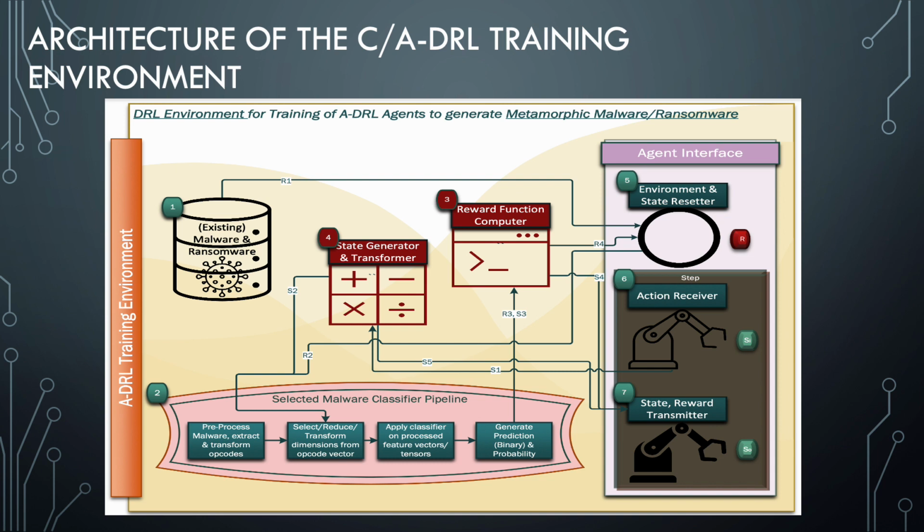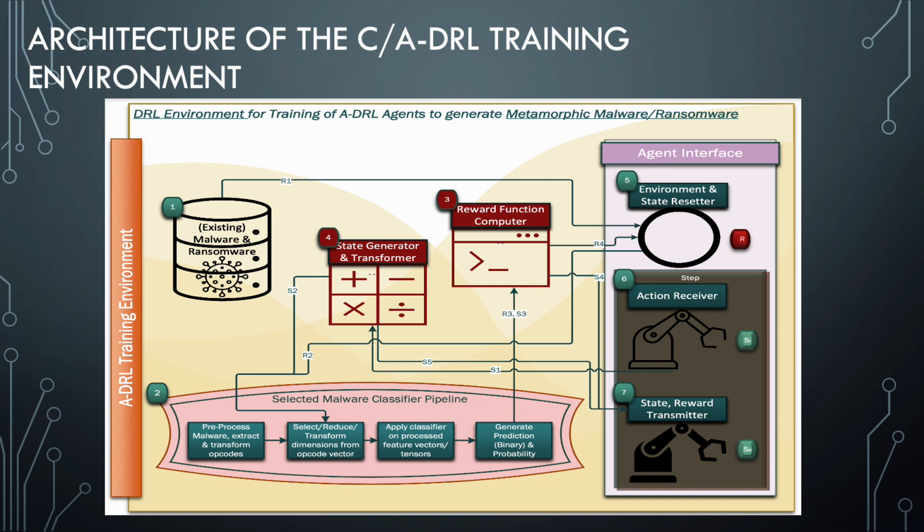Then we have number five as the environment and state resetter. Every time a new malware is started with, it will get into a series of episodes that will make the agent learn how to obfuscate them. That series of episodes starts with this particular component. Then we have number six as the action receiver.